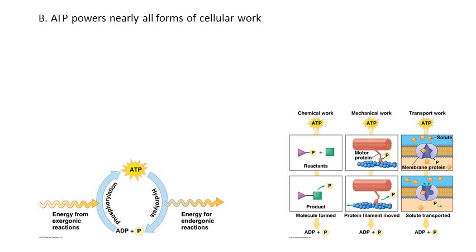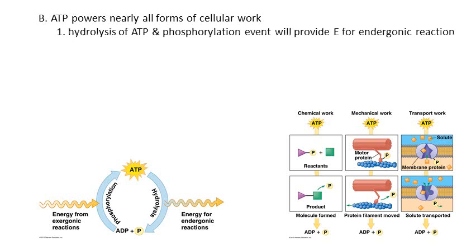Well, ATP, as I've said before, is really the energy currency of cells because it powers nearly all different types of cellular work. Now, the thing about it, though, is that we use a lot of ATP, so we have to be able to regenerate it, and we do so by way of cellular respiration.